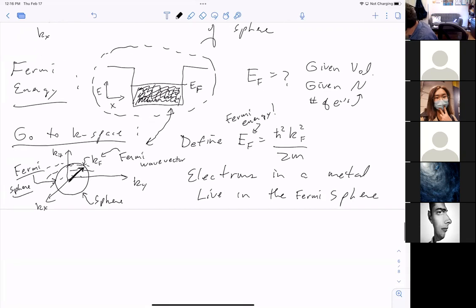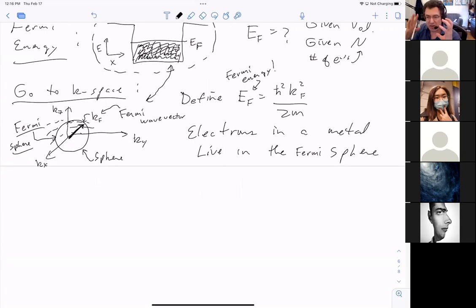And so let's use this concept of the Fermi sphere to figure out the Fermi energy. There's a really cute little argument. If I consider the Fermi sphere, the volume of a sphere is 4/3 pi kf cubed.